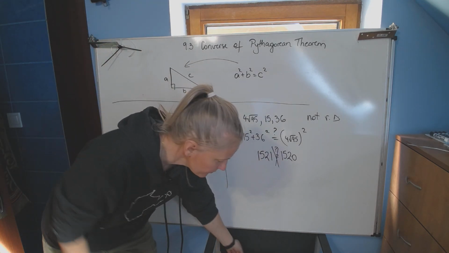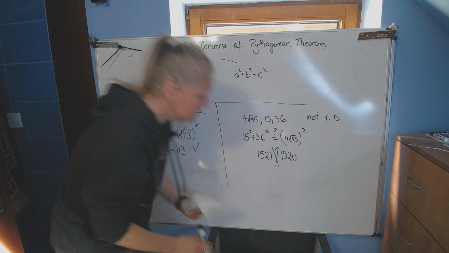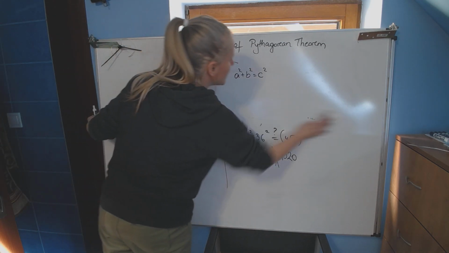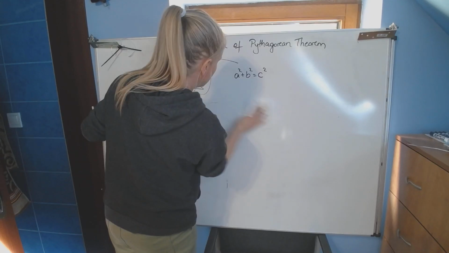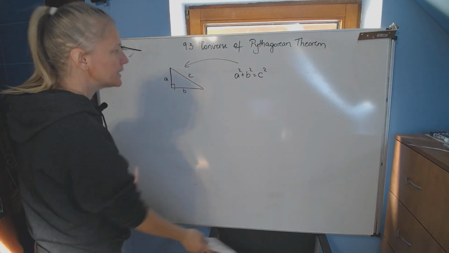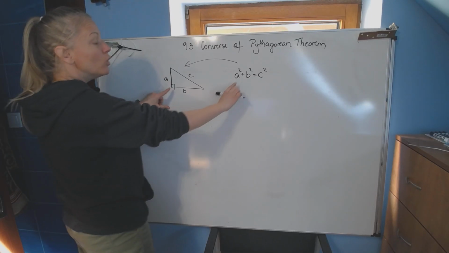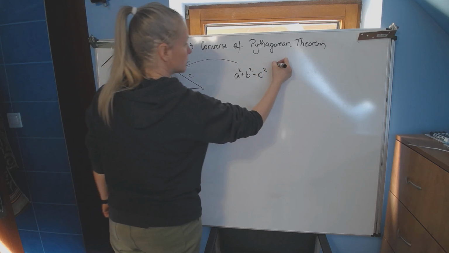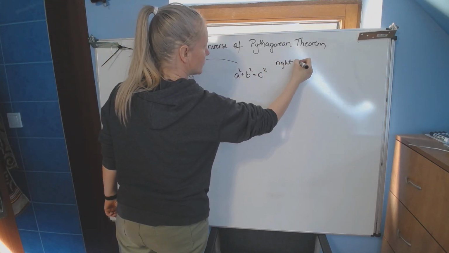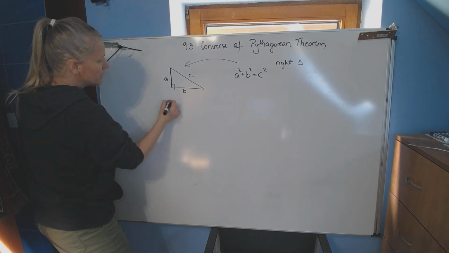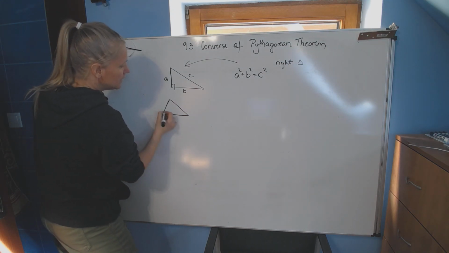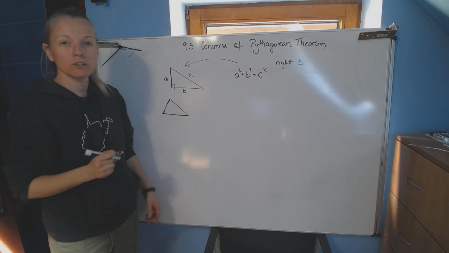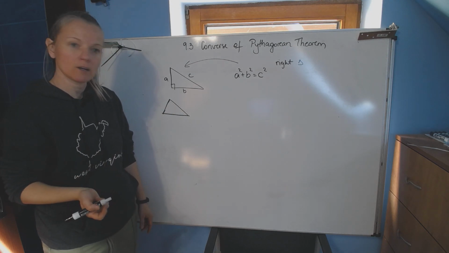Okay? The last part of this lesson, which is very short, was that the same kind of concept will teach us what kind of triangle we deal with. We know if this is equal to each other, then we get a right triangle. Right? But what if I'm going to use this type of triangle right here? And I was asking this in class over and over again. If you look at this and you classify it by its angles, what kind of triangle is this?